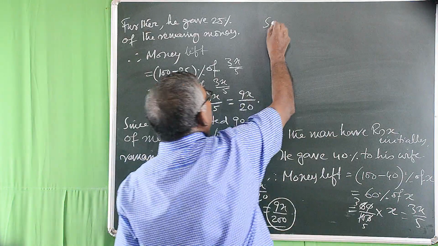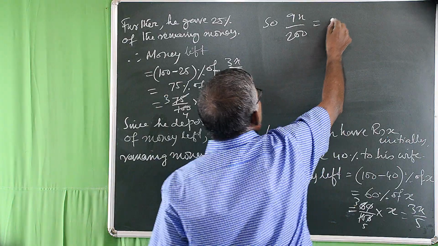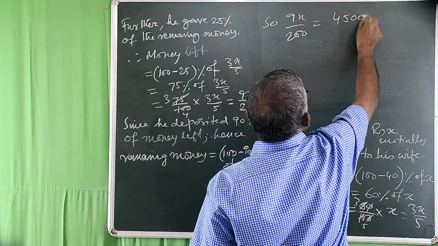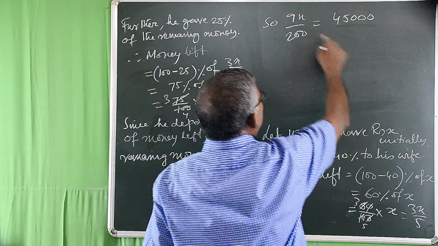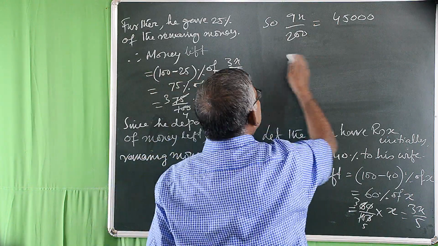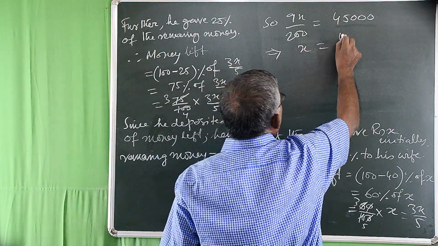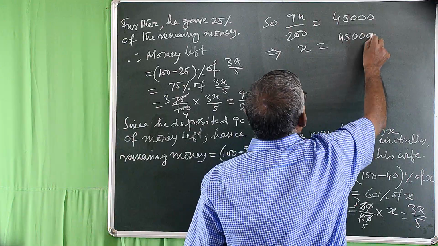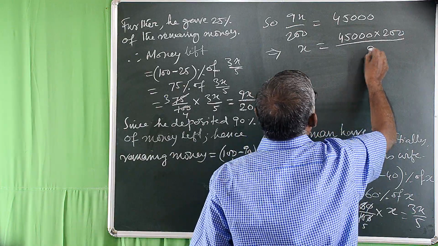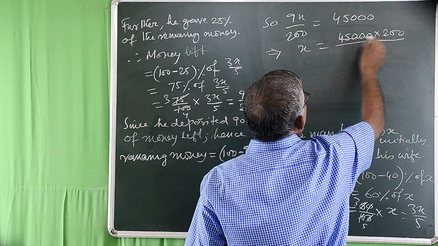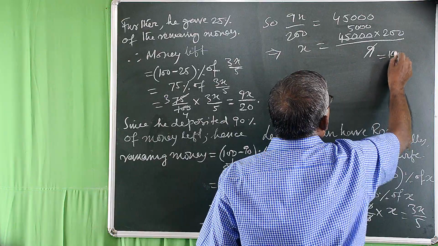So 9x by 200 equals 45,000. He has donated 45,000. So 9x by 200 equals 45,000. This implies that x equals 45,000 into 200 by 9, which is 10 lakh.